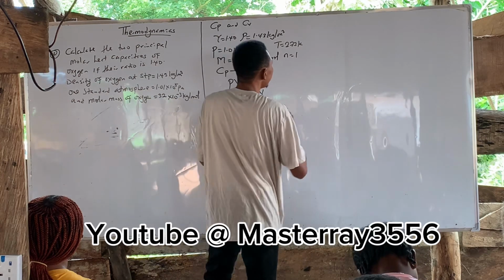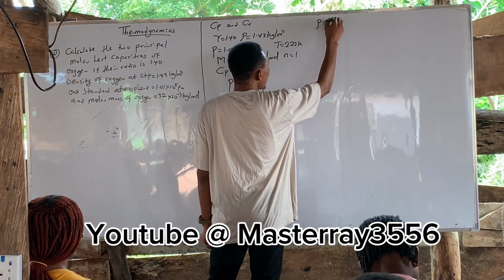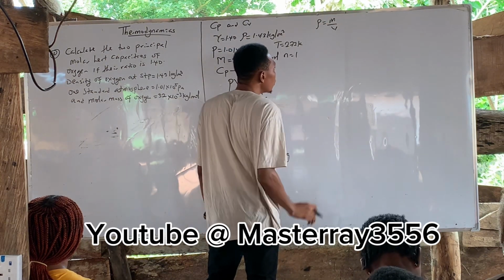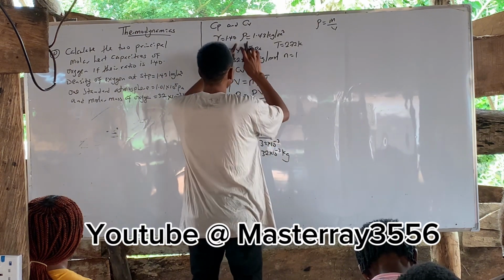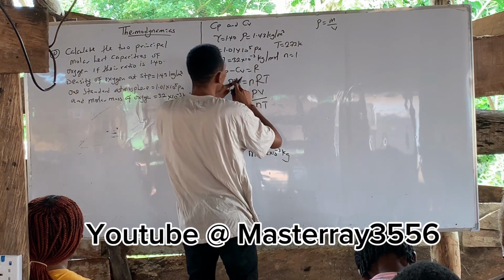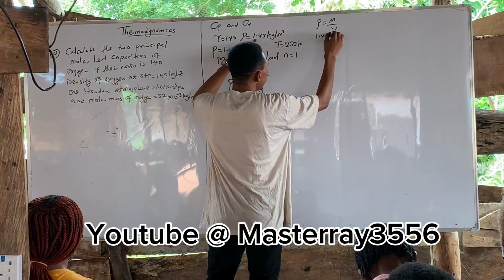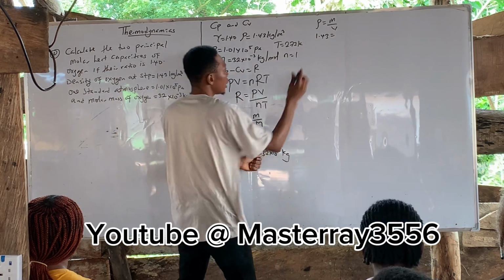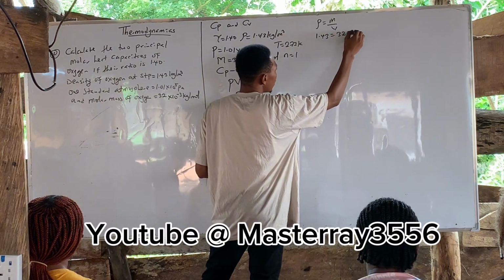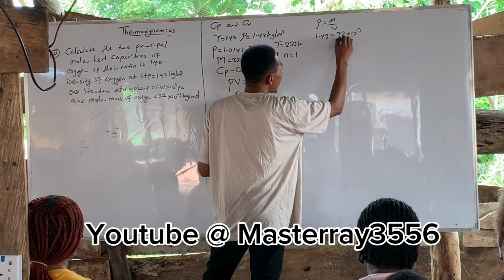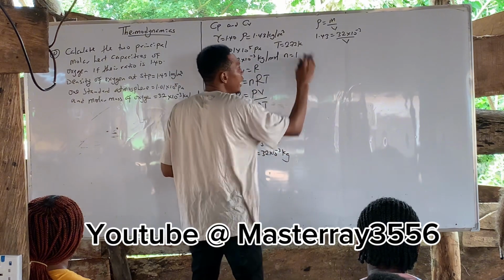So density is equal to mass over volume. What's density? 1.43. And what's mass now? 32 times 10 raised to the power minus 3, all over V. So what do you do there?